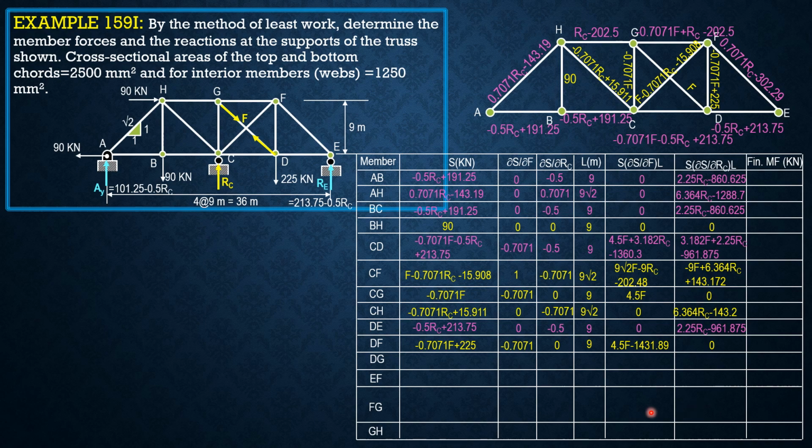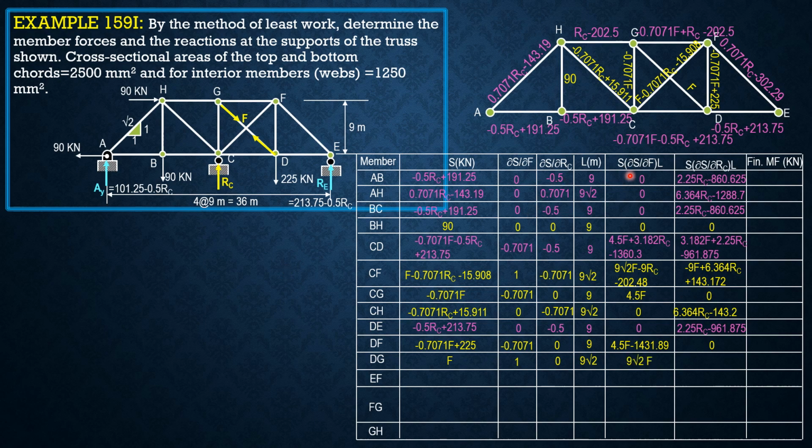Here it's 4.5 F minus 6.364 RC plus 1288.7, and here it's negative 6.364 F plus 9 RC minus 1822.5. Finally, for GH, RC minus 202.5. So 0 here, 1. The length is 9. The product here is 0, and here it's 9 RC minus 1822.5.